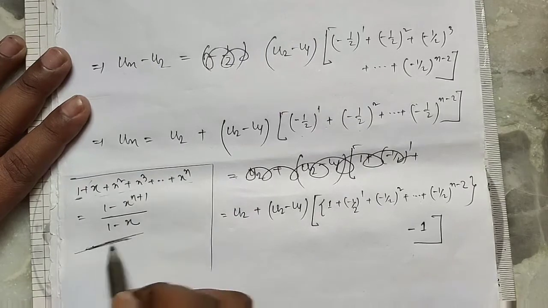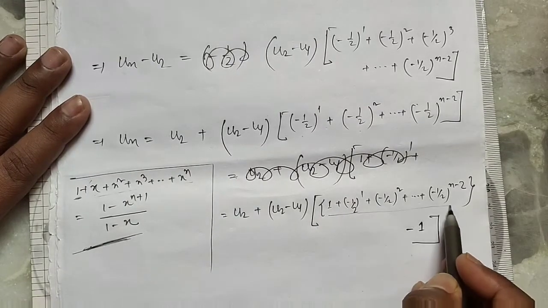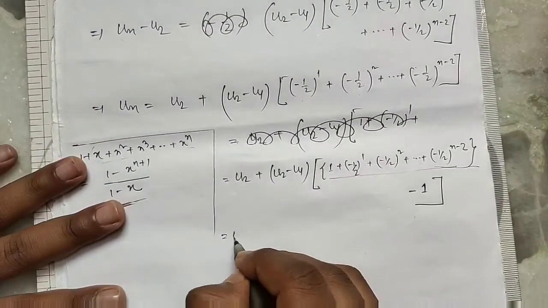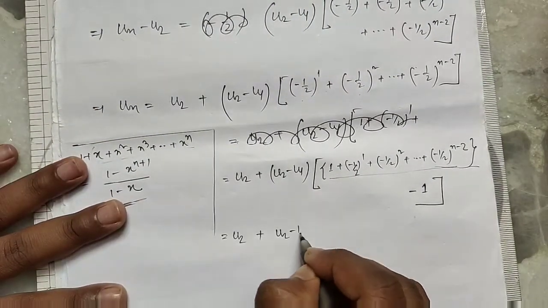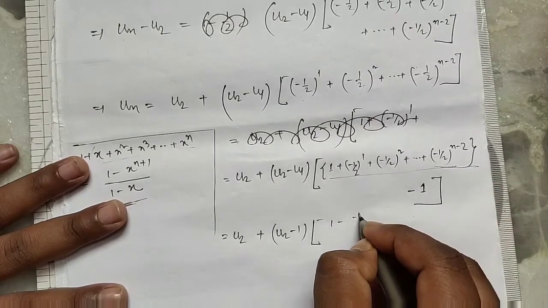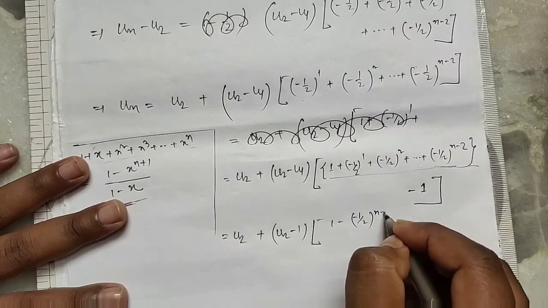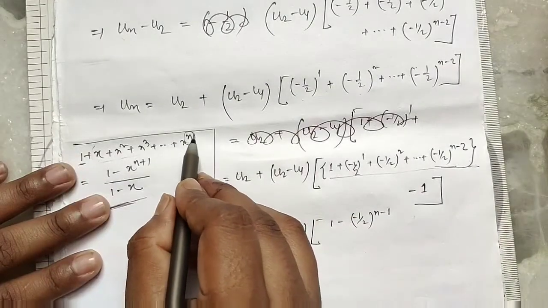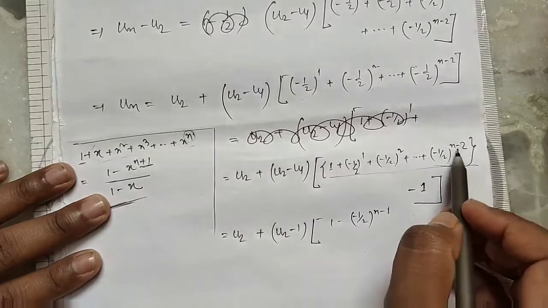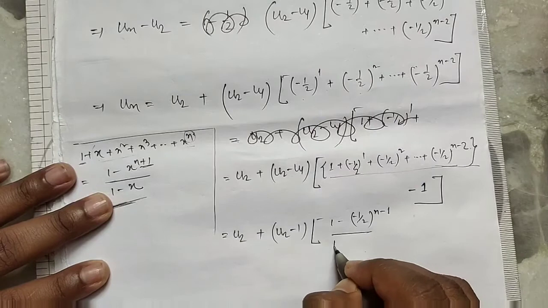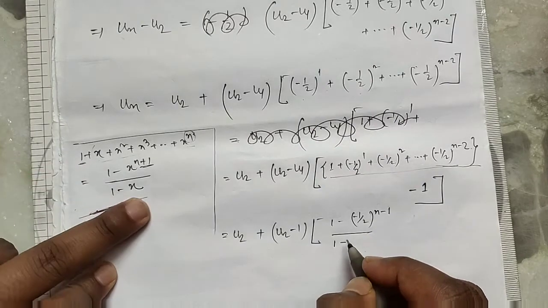So from this rule, this is equal to u2 plus (u2 minus u1) into, this is 1 minus half to the power n minus 1. Here the power is n plus 1, so here n minus 2, so n minus 2 plus 1, that is n minus 1, by 1 minus x.